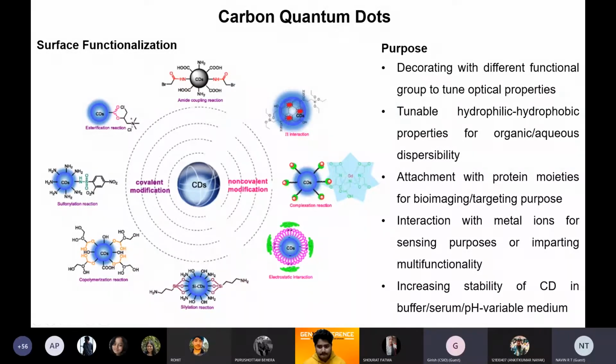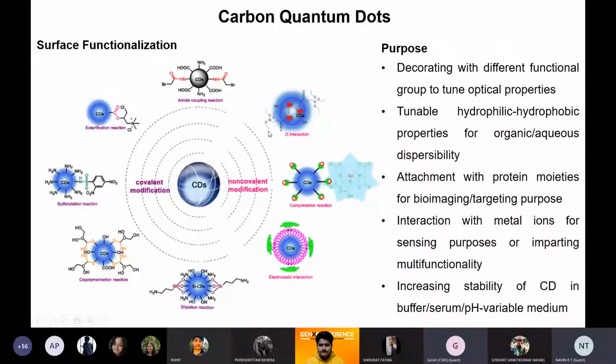For example, in organic LEDs, people are now trying to utilize carbon dots as light emitting diodes. In that, they need to take these carbon dots into an organic solvent to protect them from atmospheric oxygen. So for that, they could integrate the carbon dot with various hydrophobic moieties so that it could be dispersed in an organic solvent.